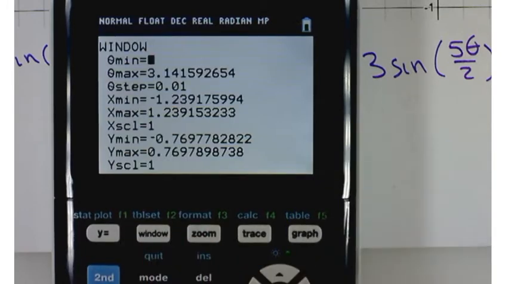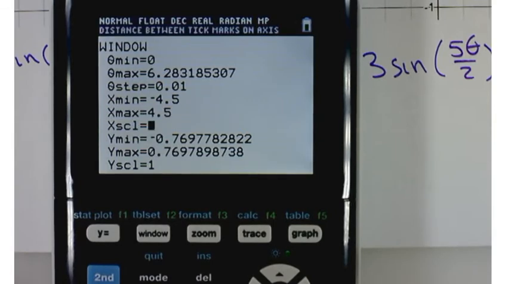Let's see. So 0. Let's do 0 to 2 pi. That's a good place to start. And as far as the x and y coordinates are concerned, let me suggest negative 4.5 to 4.5, and on the y-axis negative 3 to 3. That's going to be what's called a square-looking frame.